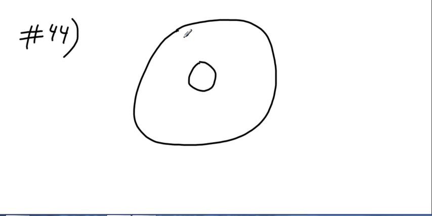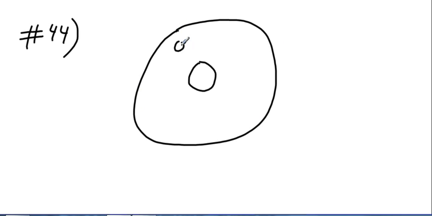Okay, so the first thing we need to do is find figure 22.32. I got 22.22, but I need 22.32. Okay, so I got something that looks like that.